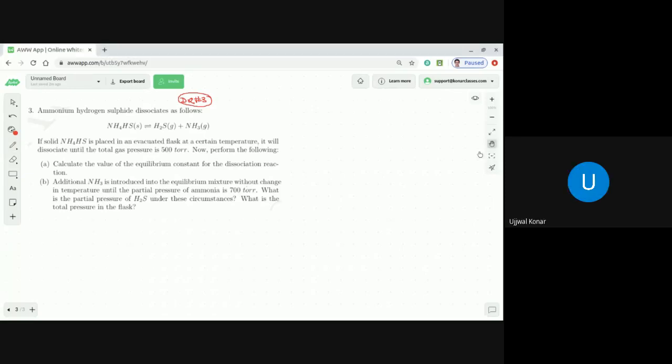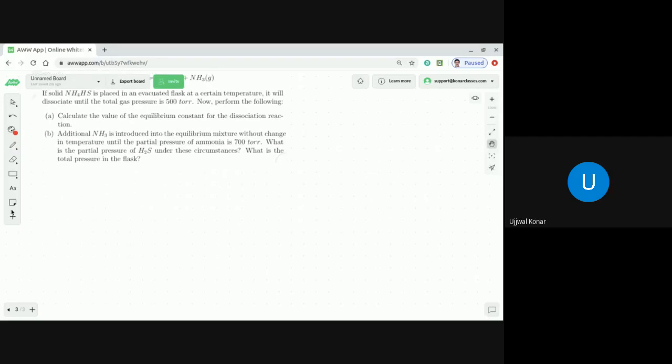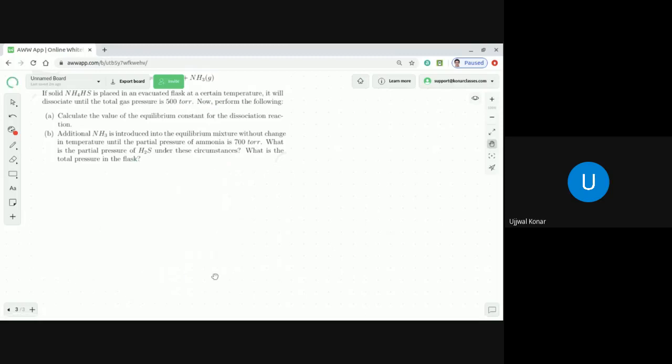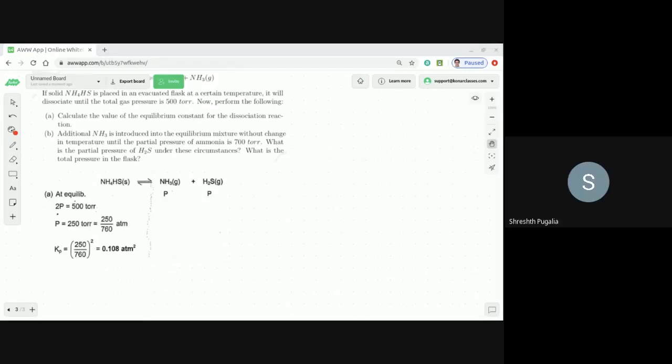Correct. You are absolutely correct. So that is the answer to the first part. Correct or not? Please have a look into it. So the total is 1.0338.